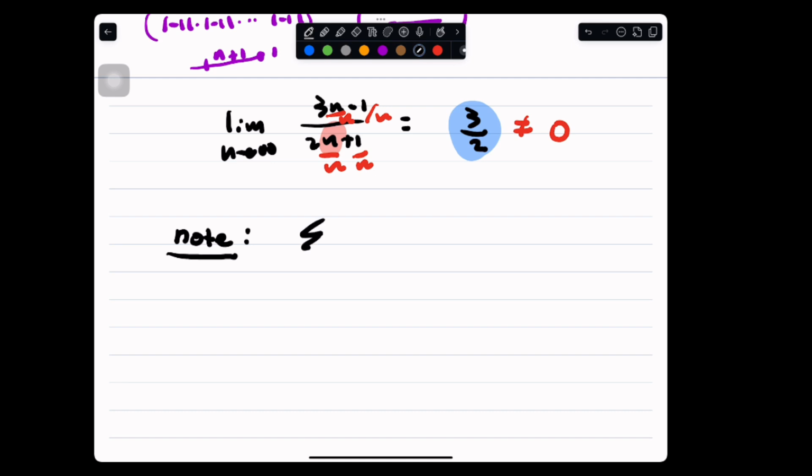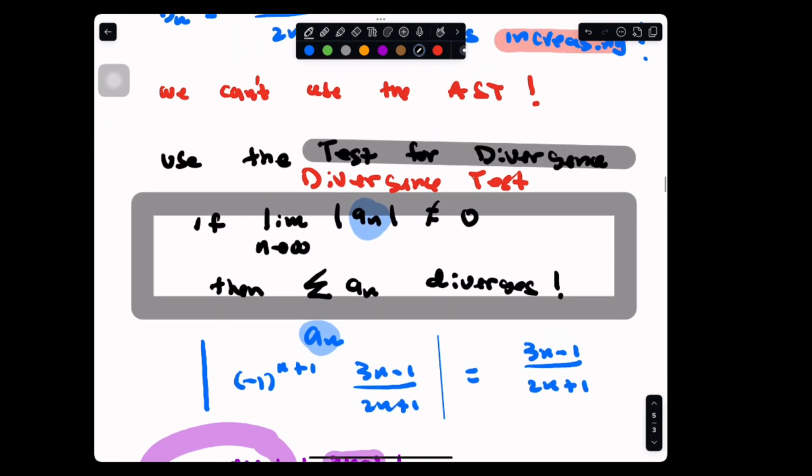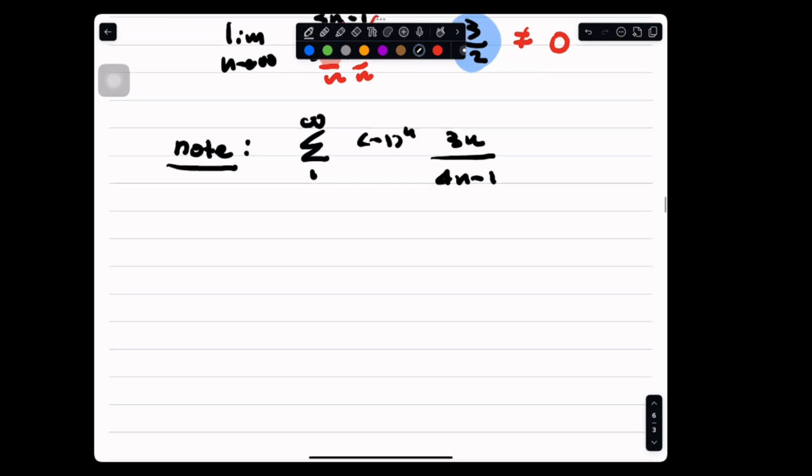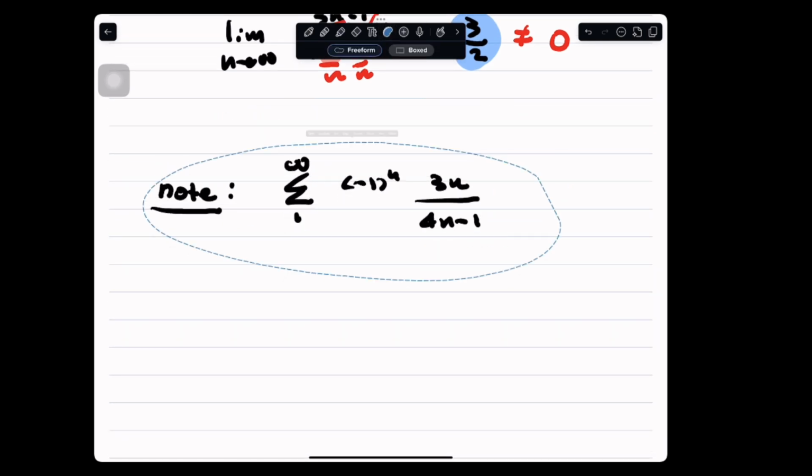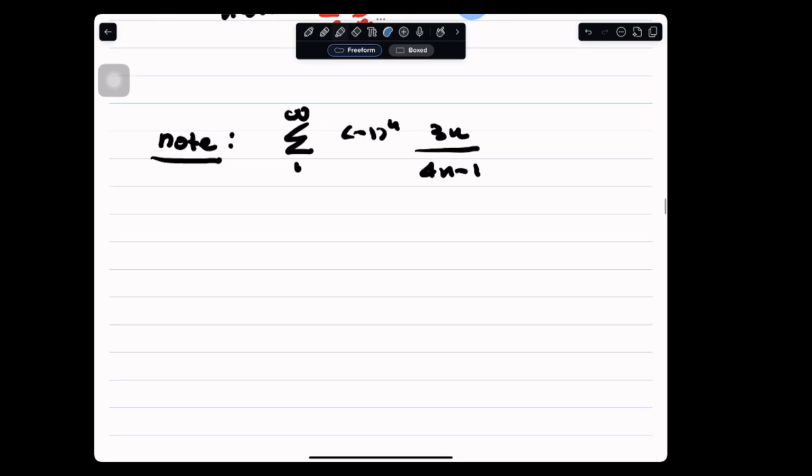I want you to look at this particular alternating series. This is related to this problem we just did right now. It's alternating. Here's the alternating mechanism.